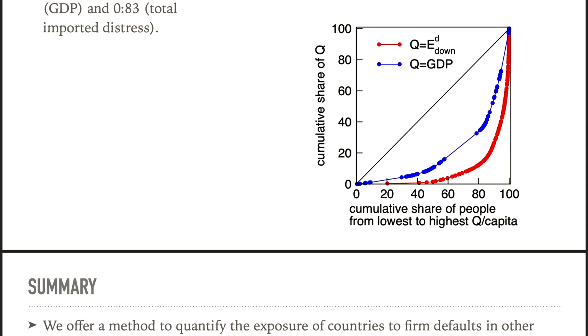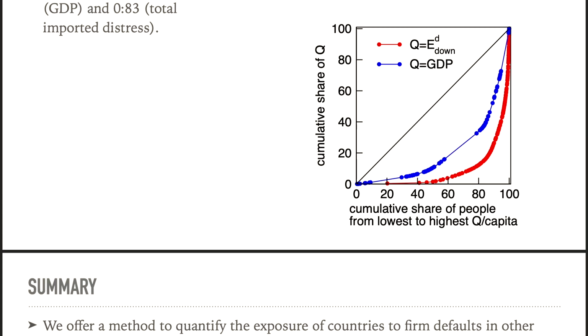We tried to measure the inequality in this risk, and we plotted this Lorenz curve. This red curve is for the risk exposure, the total risk exposure of the countries, and we sorted the countries from lowest to highest exposure against the cumulative share of people here.